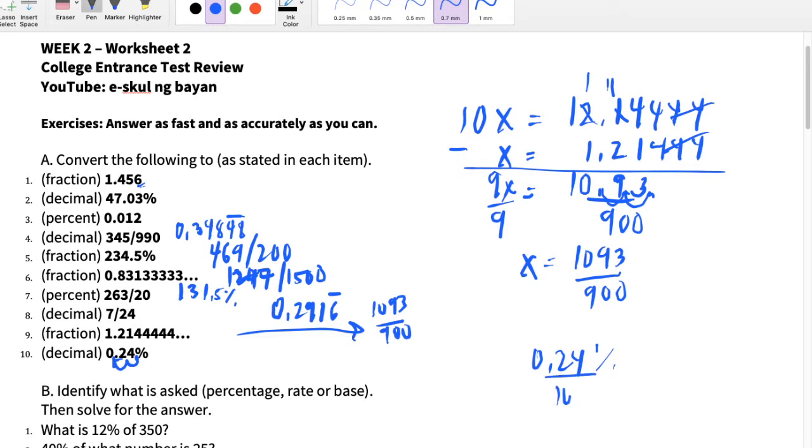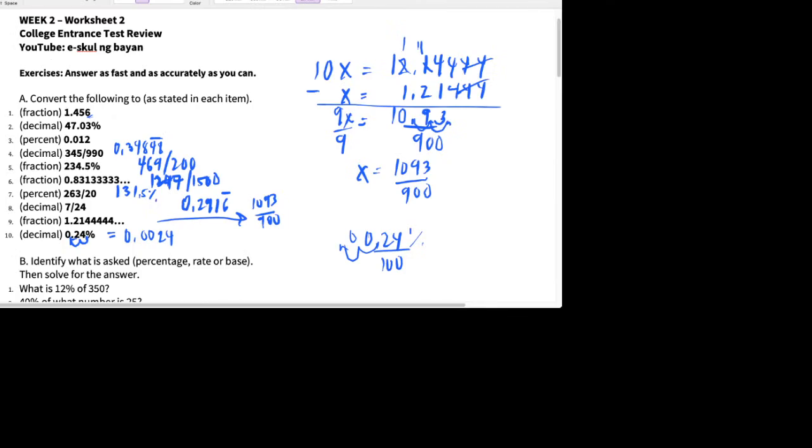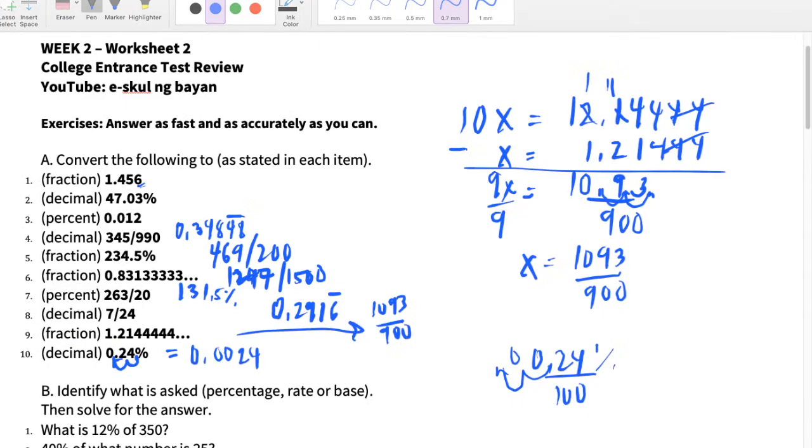Okay? Remove the decimal place 2 units to your left. Answer here would be 0.0024. Okay? May questions pa dito sa part A? Okay, wala naman. Now, let's move on to the next part.